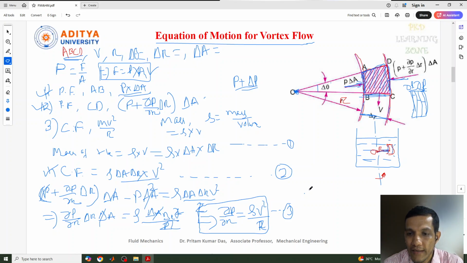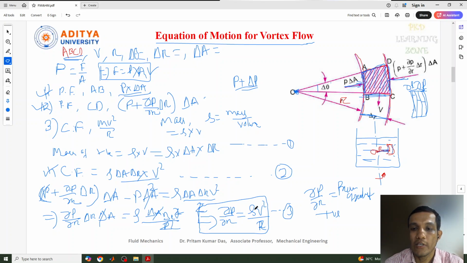This delta P by delta R is called the pressure gradient. And here delta P by delta R is positive.